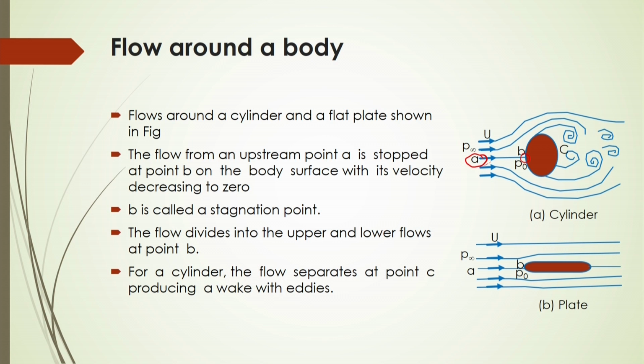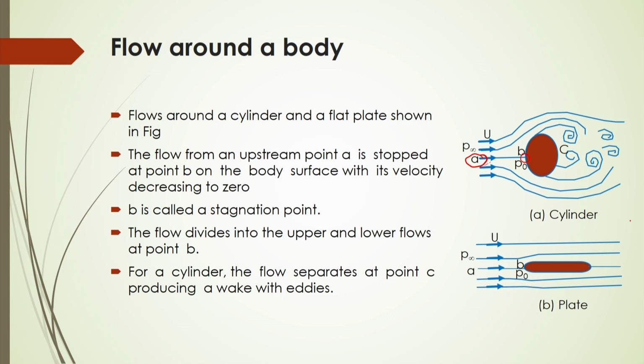And this B is called a stagnation point, and of course, the flow divides at this point into upper and lower flows, and for the cylinder the flow separates at point C, as shown in the figure, producing a wake with eddies.